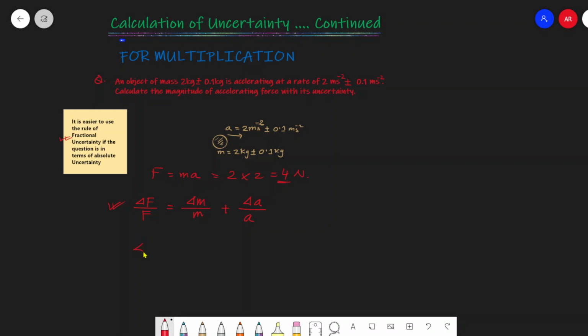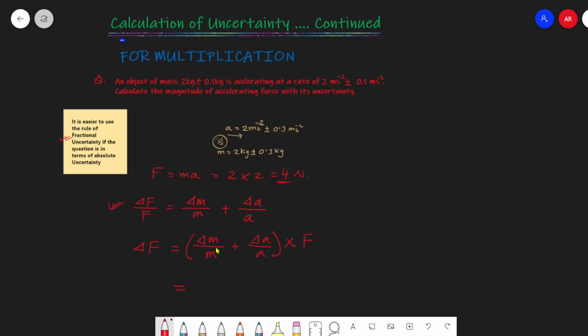So when we find the absolute uncertainty of force, del F, we just write the right hand side as it is, and it is multiplied with the force value that we calculated here, 4 Newton.